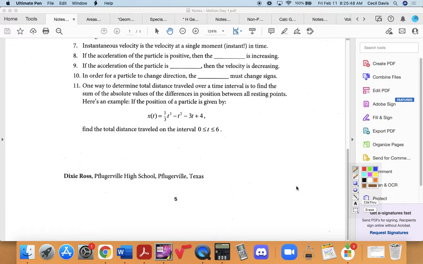So we're trying to find the total distance traveled over a time interval, and we're given x of t is this. So we want to find out where the resting points are. How do we find the resting points? You have to take the derivative to get the velocity. So v of t is going to be equal to t squared minus 2t minus 3, and that's got to be equal to 0 to be at a resting point.